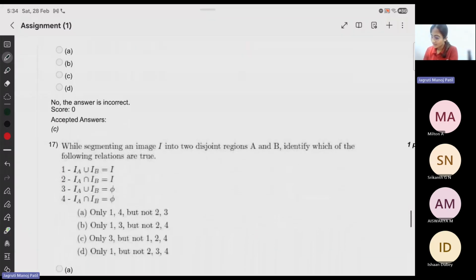Then this is the one: while segmenting an image into two disjoint regions, identify which of the following relations is true. If you know your probability, disjoint regions are mutually exclusive. You have two regions here. If you take the union of both of them, you get the entire image, intersection entire image, union null, or intersection null.